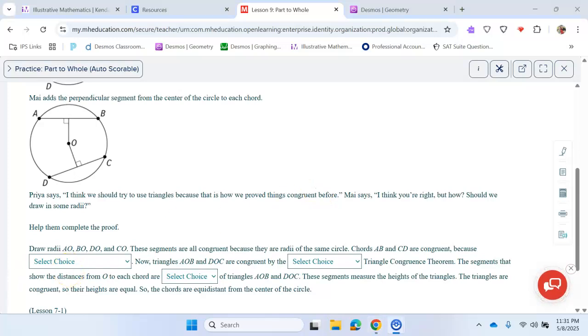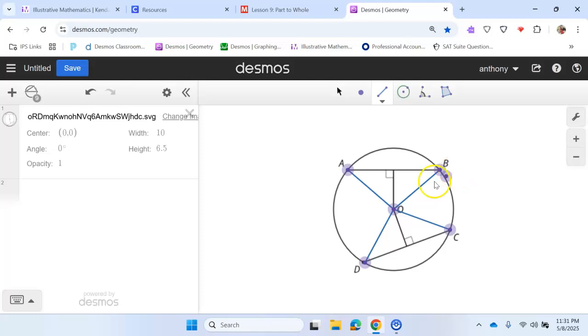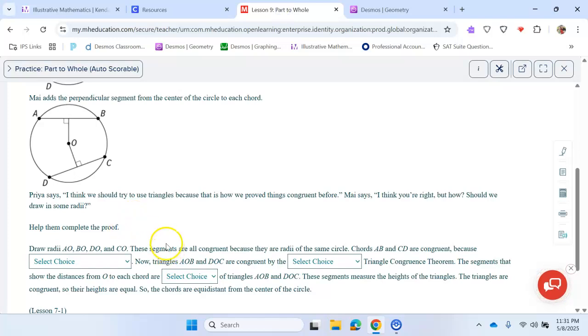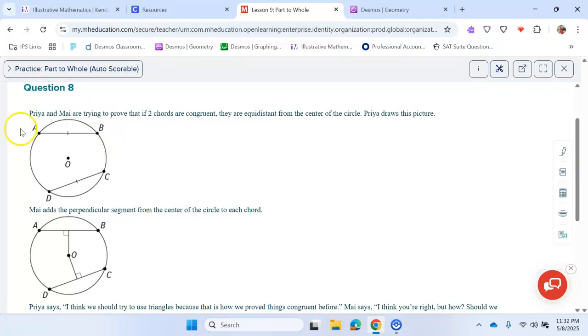Draw radii AO, BO, DO, and CO. You can see that I did that. AO, BO. It made two triangles. These segments are all congruent because they are radii of the same circle. Chords AB and CD are congruent because they told you they were.